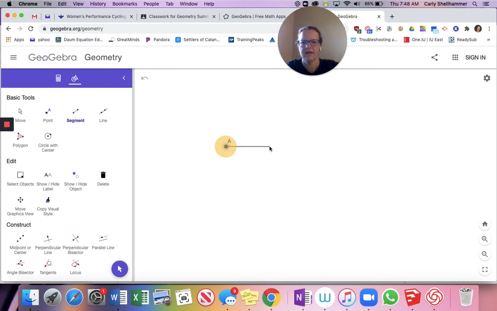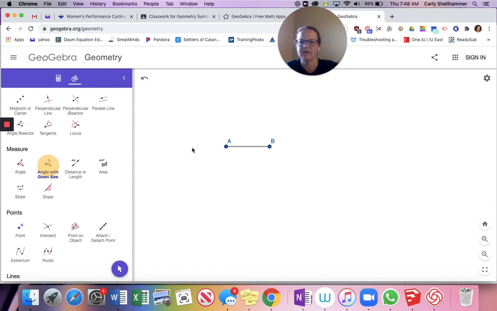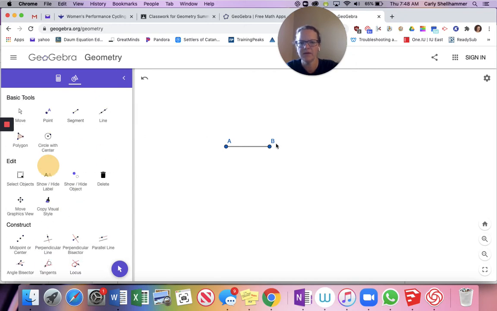Okay, I can do any side, and then I can make an angle. Excuse me, what stinks about this part of the program is when I do an angle with a given size, they make the segment length the exact same as the original.